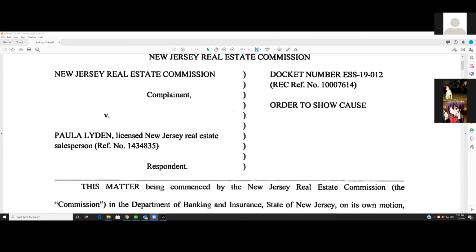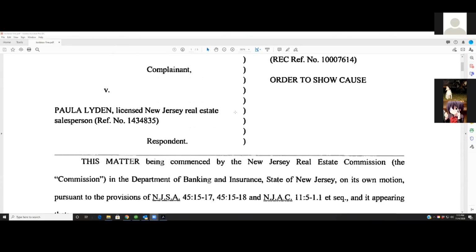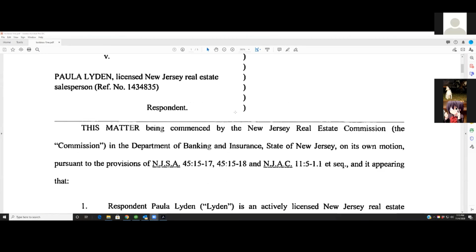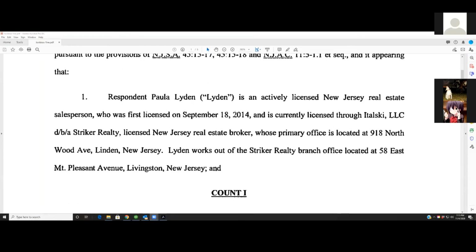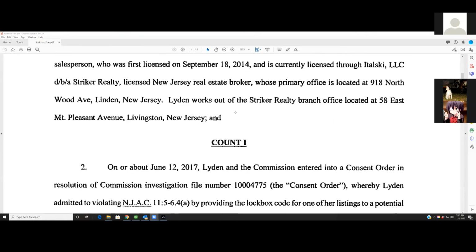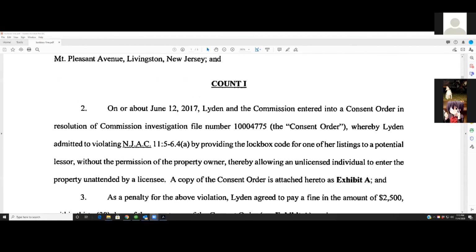You think that, I mean, this may sound stupid, but it is true. Some of the agents think that it is very normal, but you'll see now. This agent works for Stryker Realty in Livingston, New Jersey.